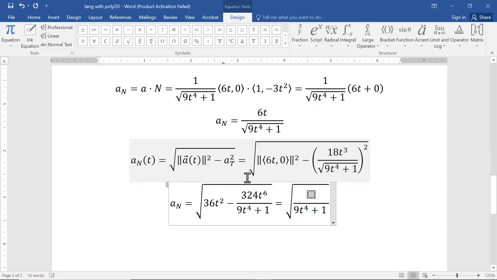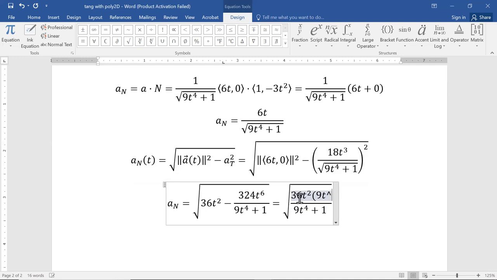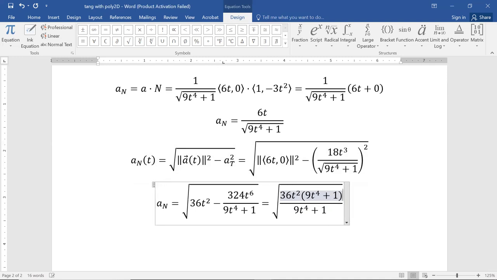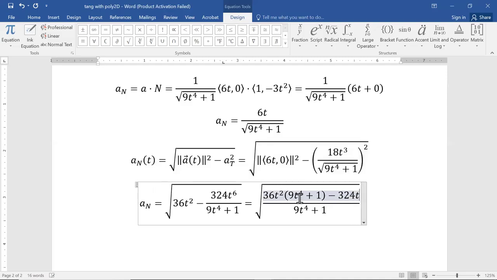So I'd multiply top and bottom of this piece by 9t to the 4th plus 1. So I get 36t squared times 9t to the 4th plus 1 minus 324t to the 6th power.